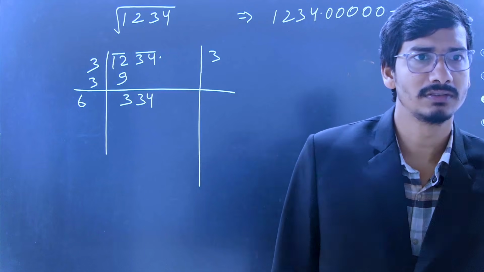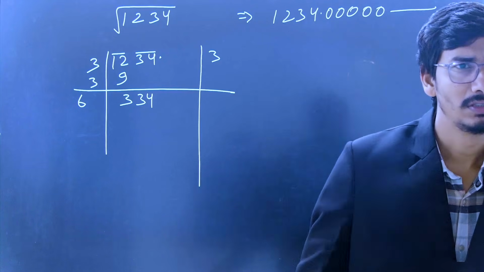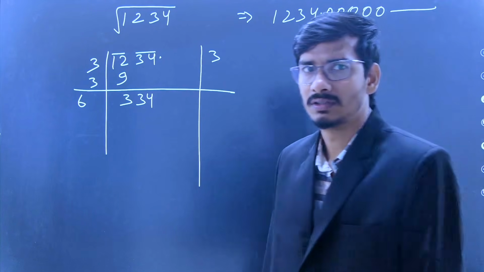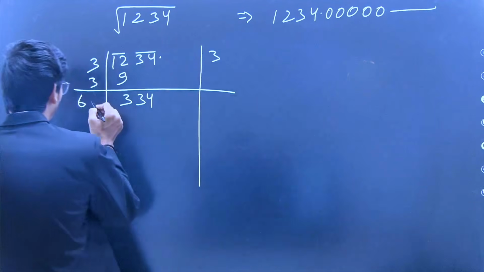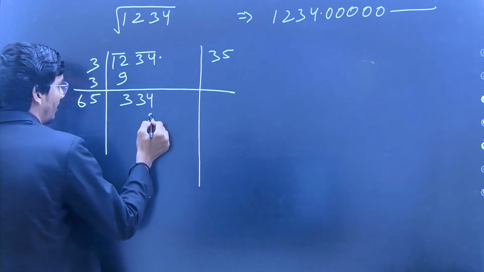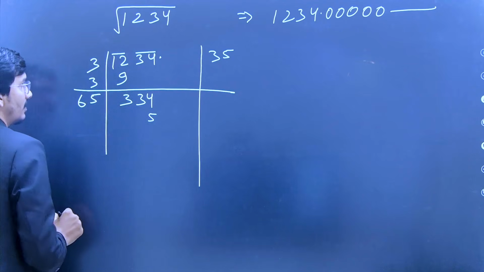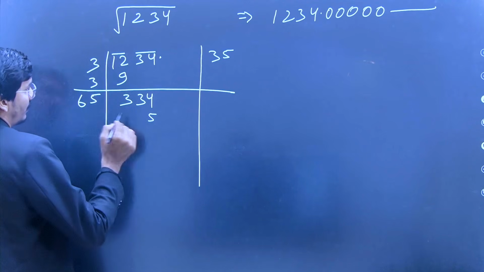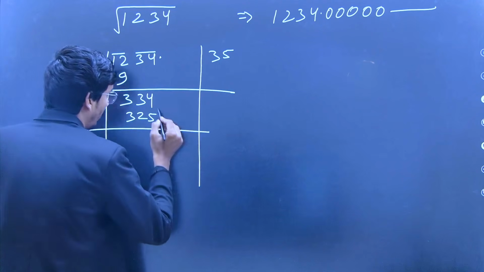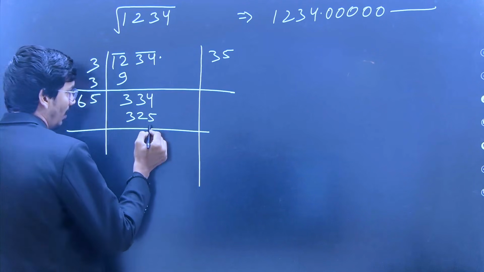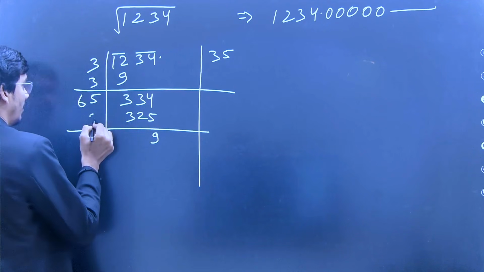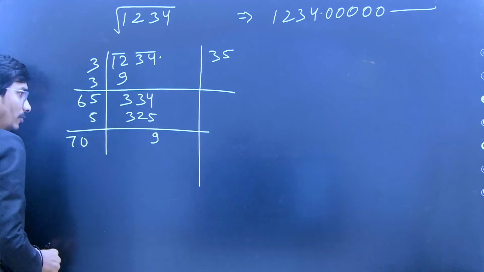We put 5 here and 5 here. 5 times 5 is 25, and 65 times 5 is 325. We get 9, and this is 900.